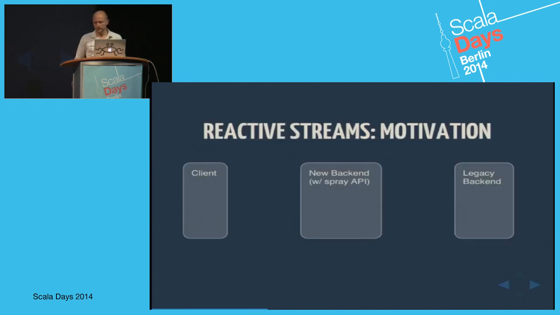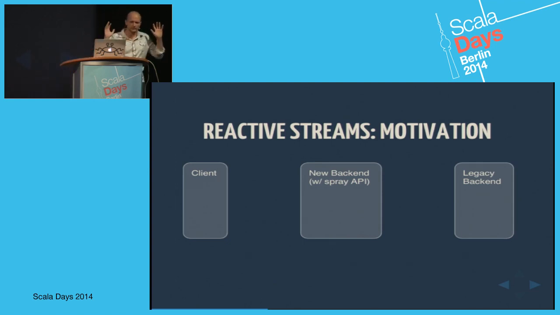One thing that we had several times is actually this scenario, where a user comes and says, we use Spray to build some really shiny new service. It's great, it does everything we need, but we still have this legacy backend that needs to sit around somewhere.